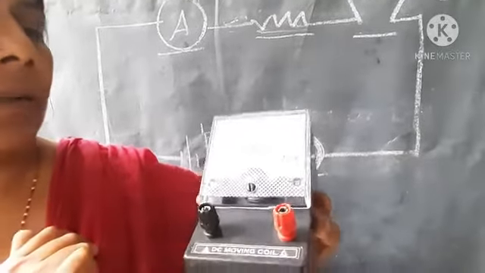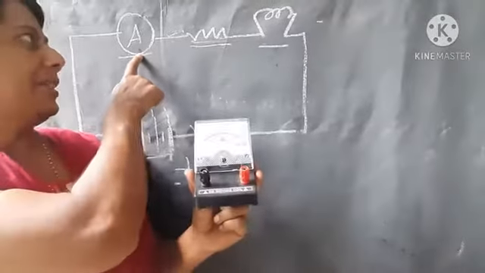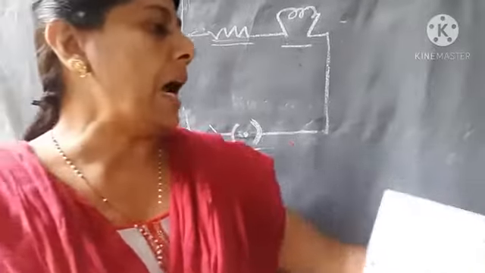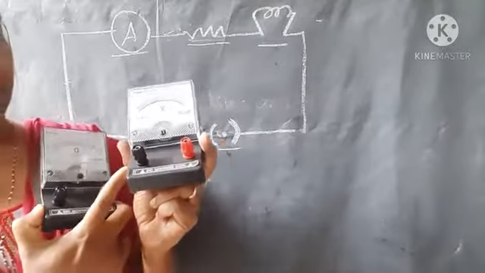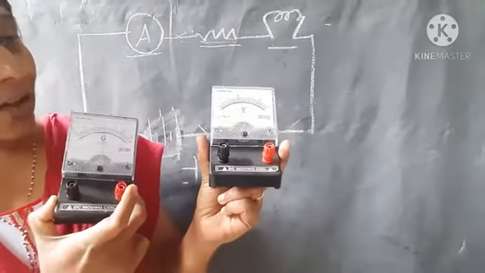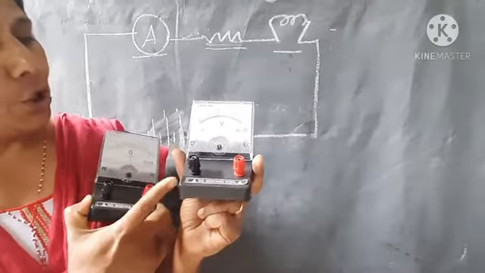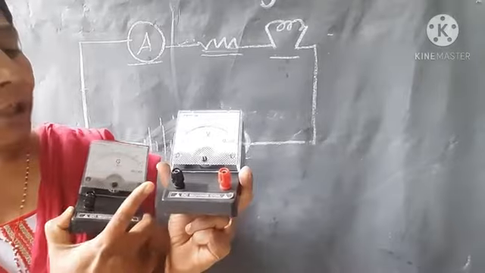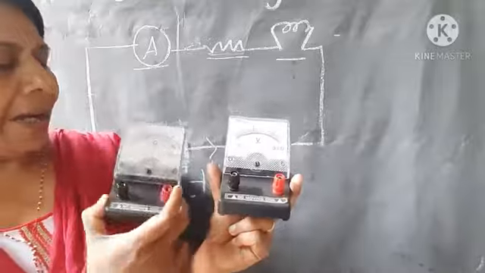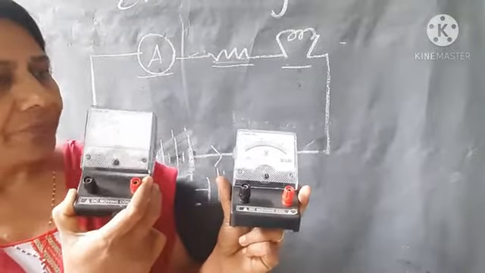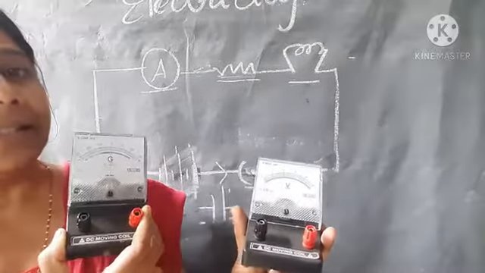Now another components, this is voltmeter and this is galvanometer. Voltmeter is used to measure the amount of potential difference in the circuit. What is potential difference? We can see now. And this is galvanometer. It is used to test whether current is present in the circuit or not.